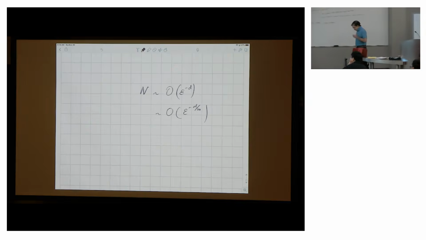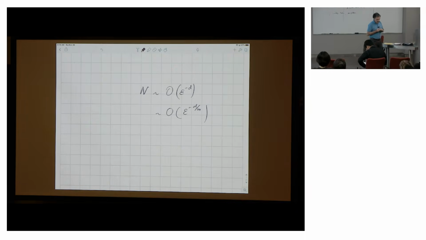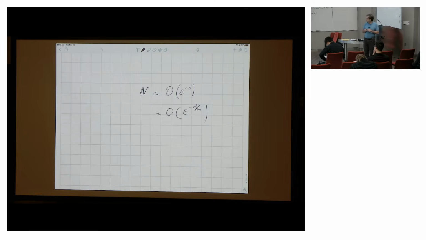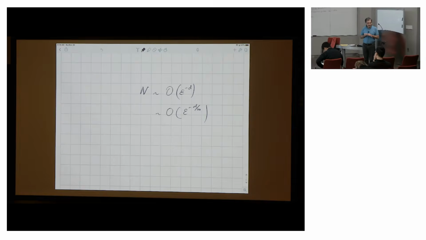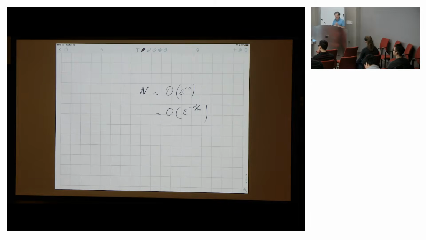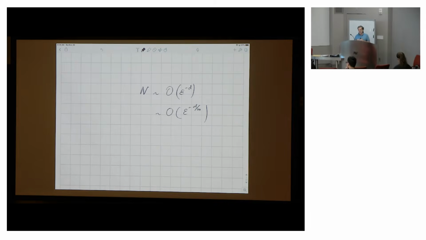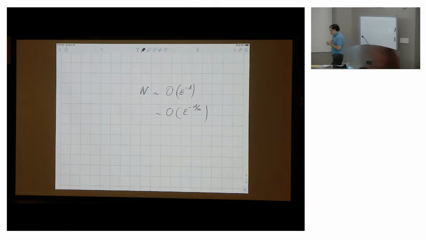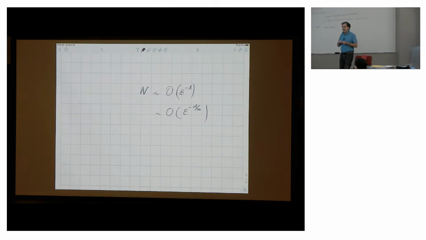So smoothness helps. But it's not clear how much smoothness we have in many of the problems that neural networks are good at.